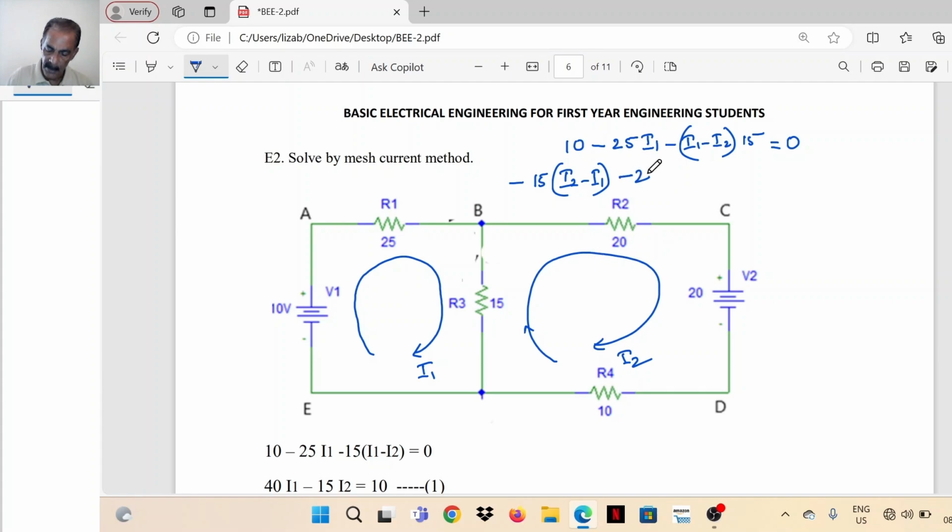Then minus 20 I2 across R2, this is a fall in potential, minus 20 I2. Then minus 10 I2 is equal to 0.